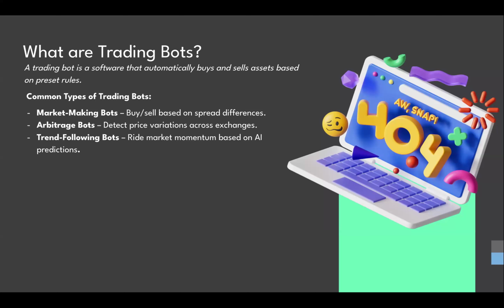And there are also trend following bots. They ride the market momentum to know what the trend of the market is, and then they follow the market. So if the analysis says the market is going to go up, then it's a buying opportunity for it to buy, so that when the market goes up, it will sell and be in profit.